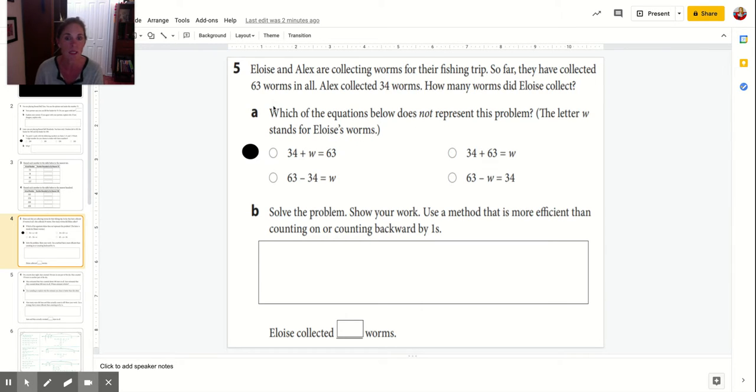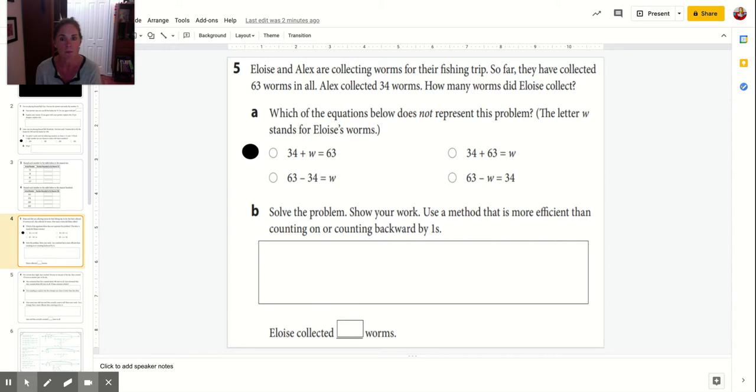So which one is not correct? This is a little tricky. You're going to drag the circle over to the one that you think is not correct. Which one could you say does not work? You're trying to figure out how many worms Eloise collected. You can pause the video and do that. Then you're going to solve the problem and figure out how many worms she collected.